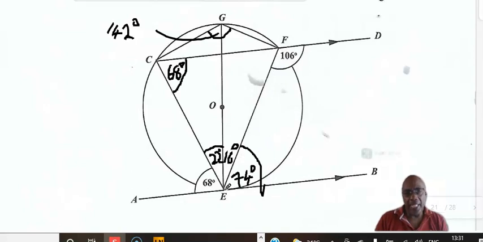The angle between the tangent and the chord is equal to the angle in the alternate segment, which is ECF. But obviously in the sum they are not equal. So if you do the sum that way, then you may get a different answer, and I guess you will still get it correct. So there is a slight problem in the sum.